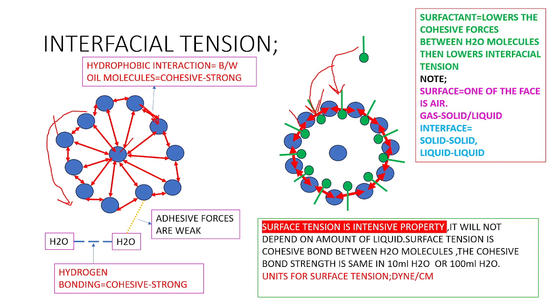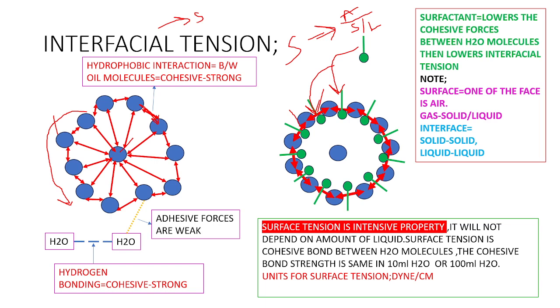Next, people get confused: what is the surface and what is the interface? For a surface, one of the phases must be air, and the second phase is either solid or liquid. For an interface, there is no air present.